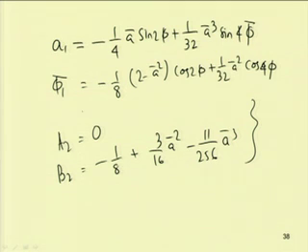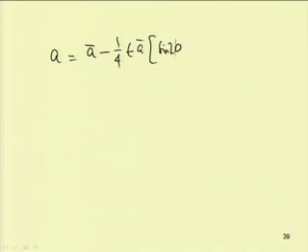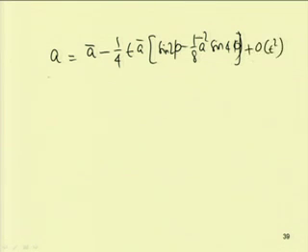So, by using all the terms, one can get A equal to A bar minus 1 by 4 epsilon A bar sin 2 phi minus 1 by 8 A bar square sin 4 phi. If one neglects the higher order terms, that is order of epsilon square, one can write the solution in this form.